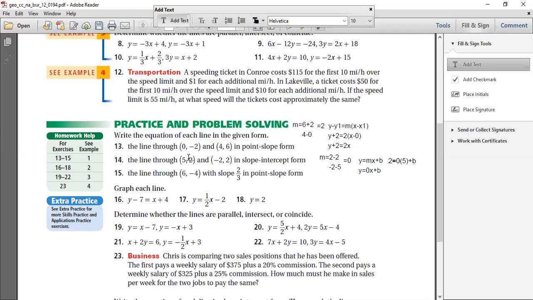Which means 2 equals 0, 0 fives are 0, plus b. So what is the value of b going to be? b is going to be equal to 2, because naturally the 0 has nothing to do. So 2 equals b, which means b equals 2. So the y-intercept is going to be 2.